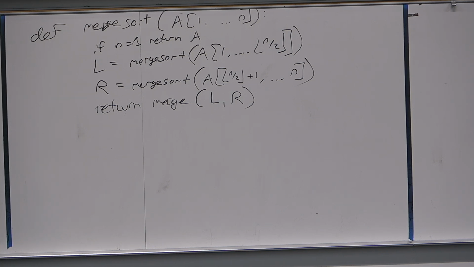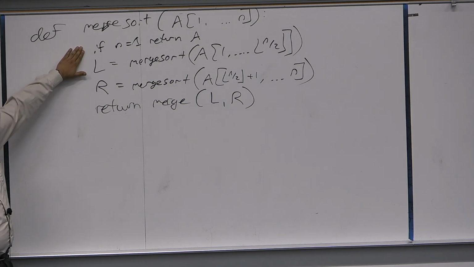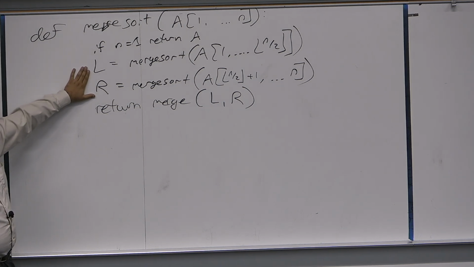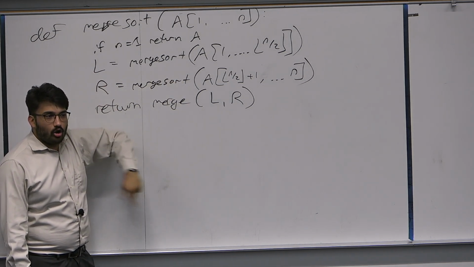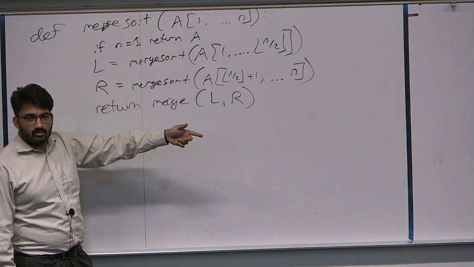Third is, what would the proof of correctness look like? Again, what technique will we do for this? Exactly. We're going to do proof by induction. Base case, if n equals 1, return A. Okay, that works. For L and R, assume by strong induction that these recursive calls on smaller inputs work correctly. We show that this top level recursive call works correctly.